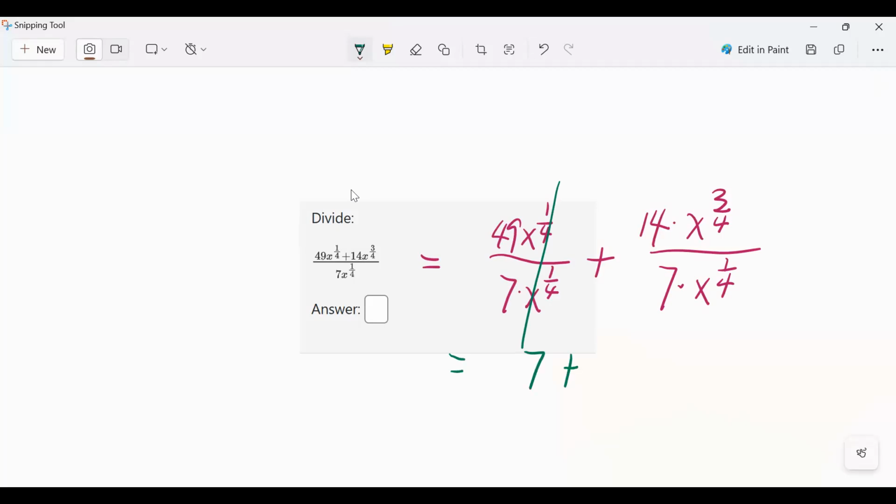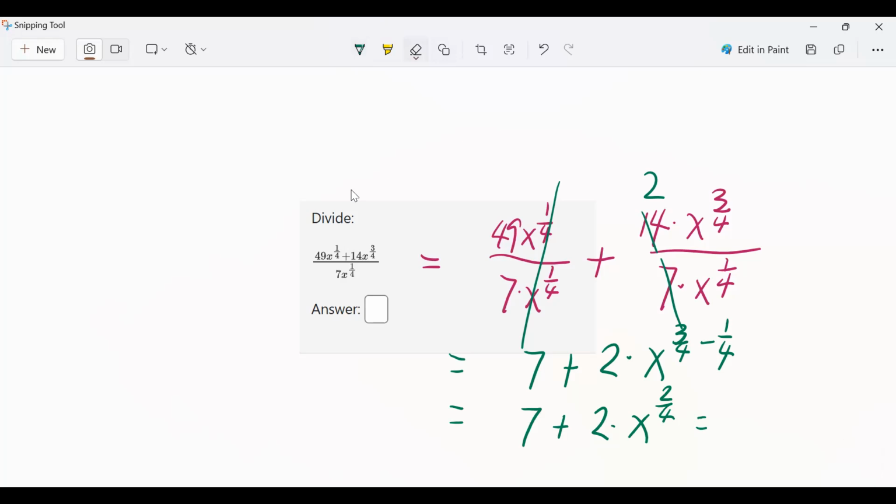And then 7 goes into 14 two times. And for the exponent part, you just do 3/4 minus 1/4. And that turns out to be 2/4, which is half. So it's 7 plus 2 times x to the half.